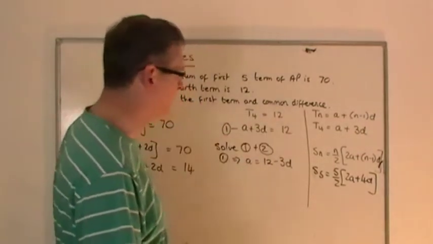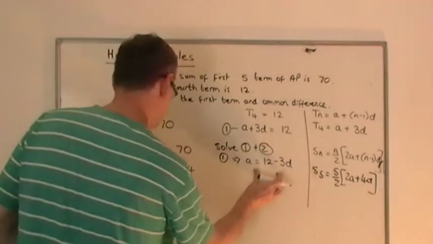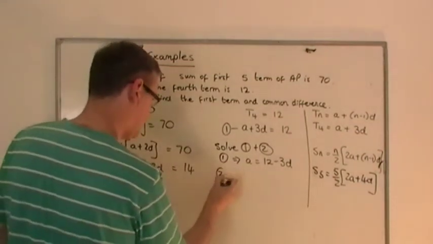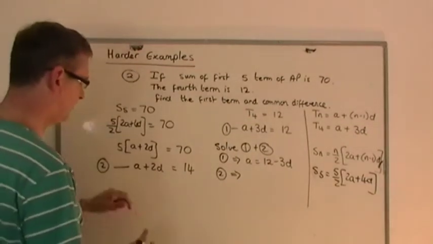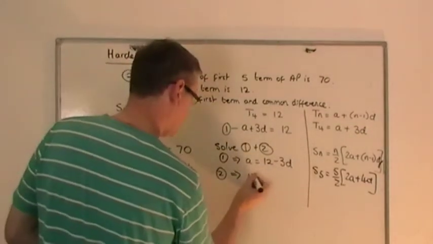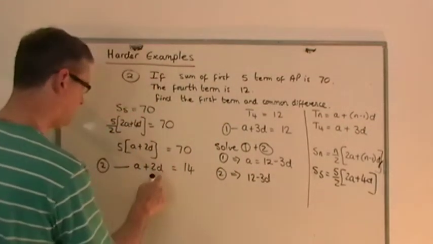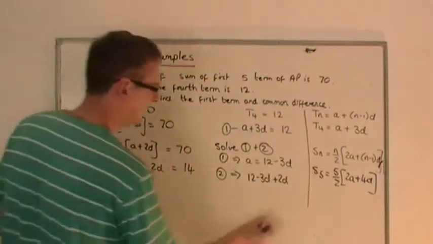Take the 3d over, it becomes a minus. I'm now going to substitute that value of a into equation 2. So equation 2 becomes a plus 2d, where a is 12 minus 3d, plus 2d, equals 14.